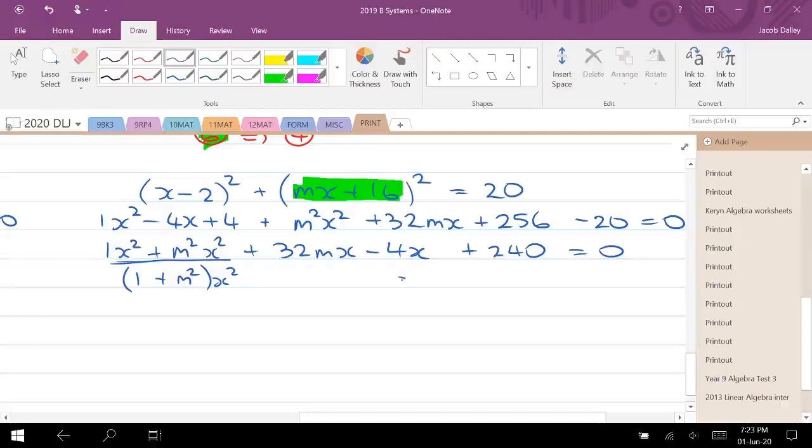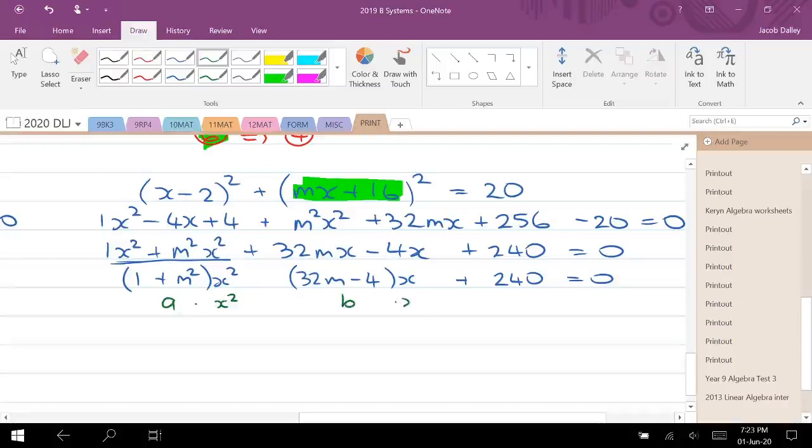The next bracket will factor out an x out of the next two terms, so 32m minus 4. I sort of tweaked it so that I'd have the minus 4 coming last. It just tends to make things easier if you get your negatives in that direction, but it doesn't matter, it'll still work out the same. Just be careful with your negatives. Plus 240 equals 0.